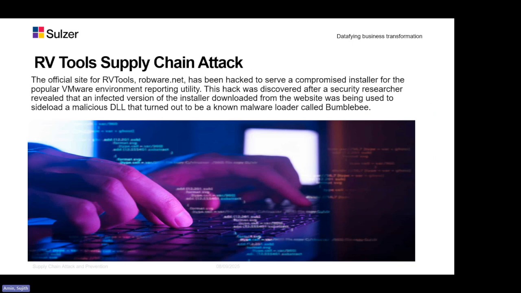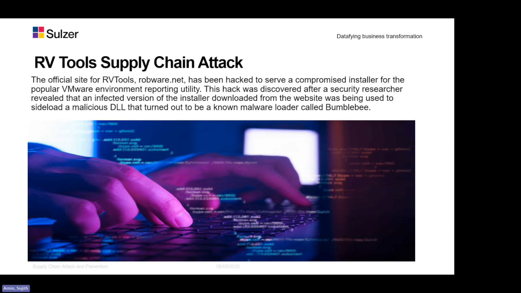Now we will discuss a real-world example, the RVTools supply chain attack. RVTools is used for the installation of VMware.